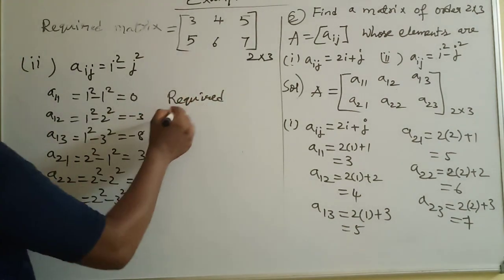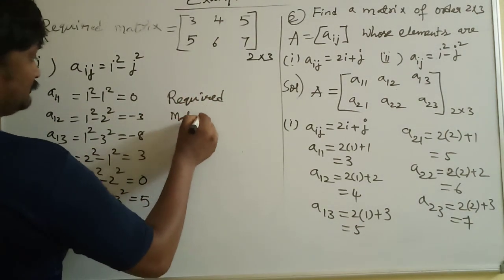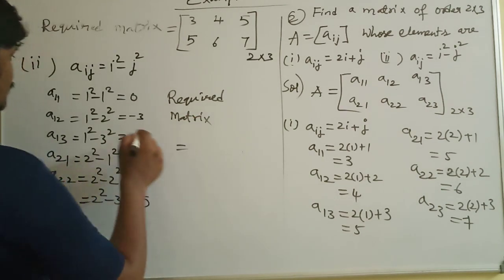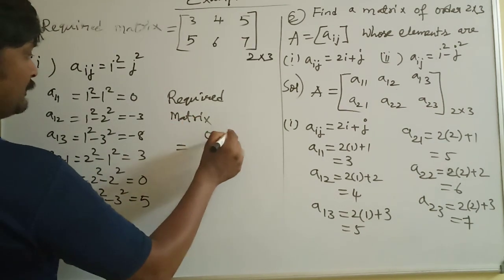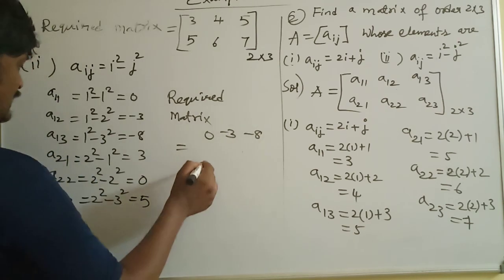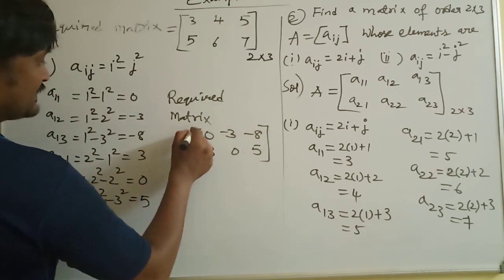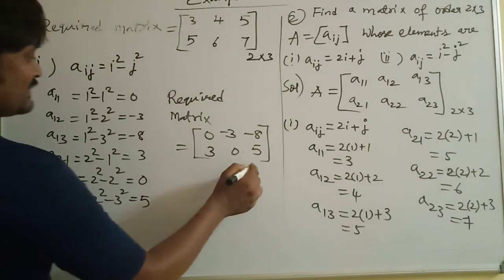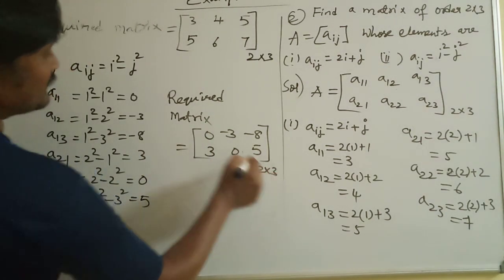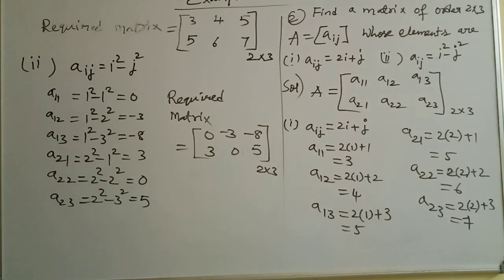Required matrix is equal to 0, minus 3, minus 8, 3, 0, minus 5. So this is your required matrix with 2 by 3 order. So this is about your problem number 2 of the example.